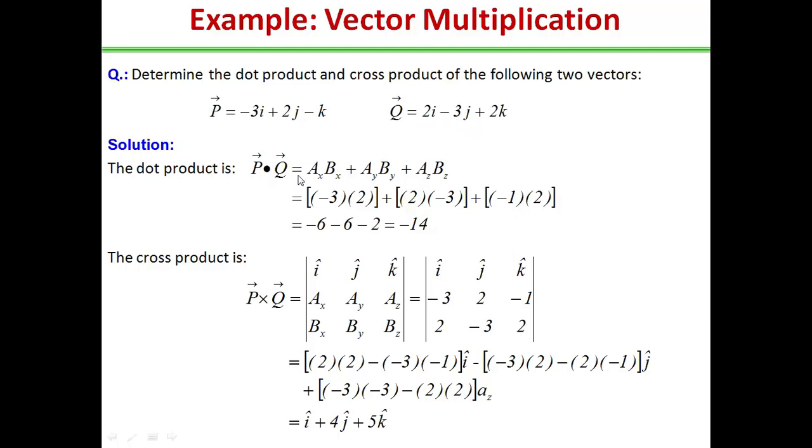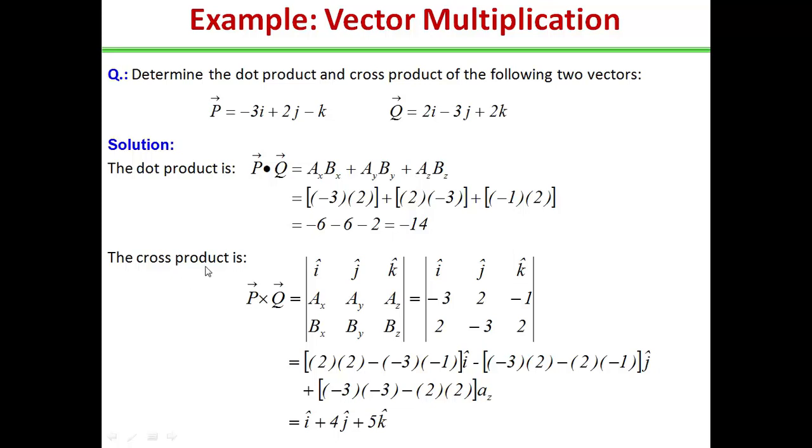So the dot product is equal to ax bx + ay by + az bz. Because I told you in the earlier slides, the rest of the components will provide the 0 value because the angle between the other two will be 90, so cos 90 will be 0. So the only remaining terms will be the components along the same axis. After solving, we will get minus 14.